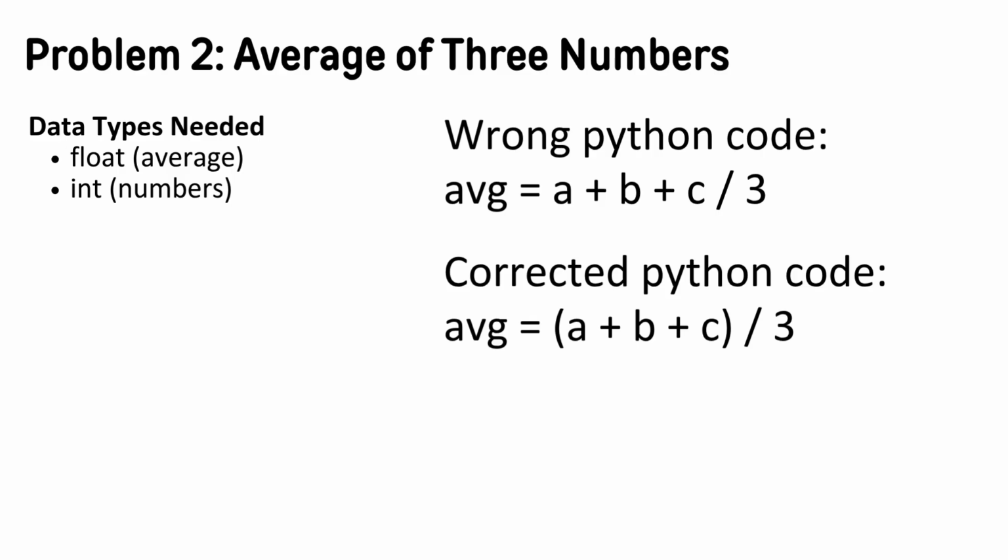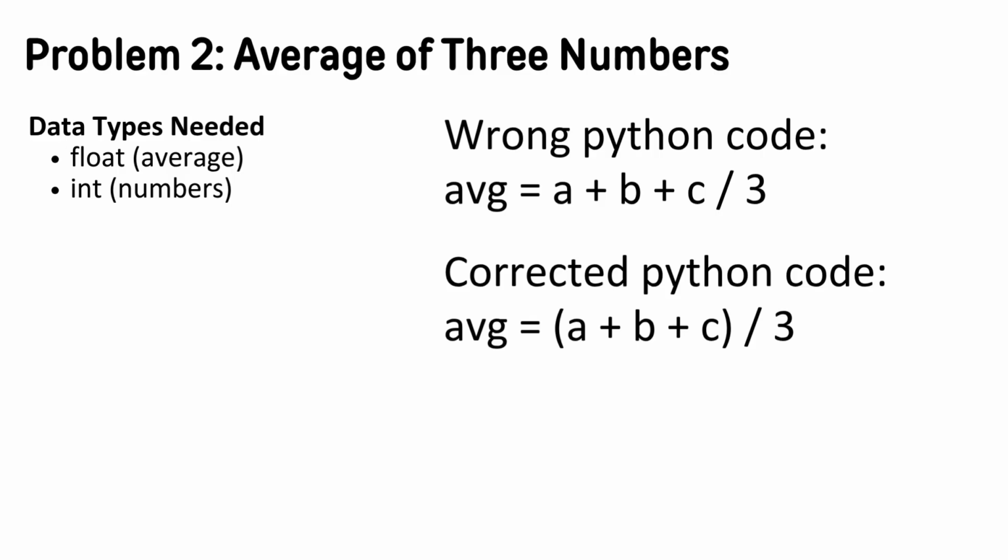a plus b plus c divided by 3 is not equal to a plus b plus c whole, then divided by 3. In the first line, it means a plus b plus c divided by 3. That means you add a, b, and one third of c.